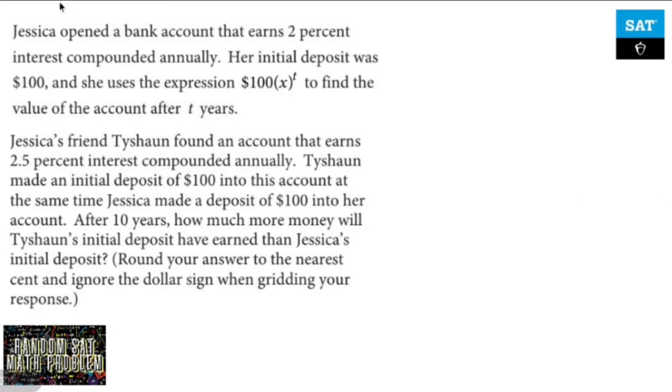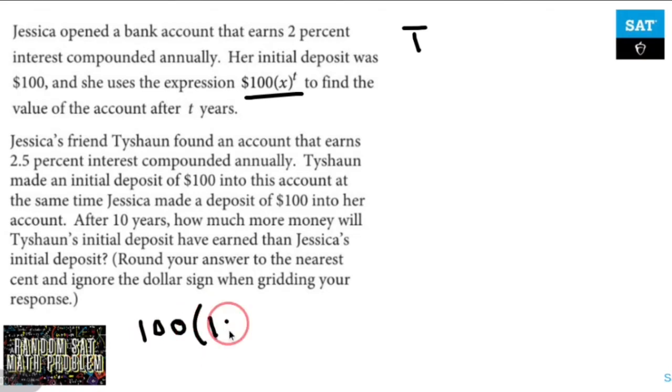Let's discuss Tyshawn. We'll do Tyshawn, T for Tyshawn. This formula comes from the idea of compound interest formula. Now, since this is talking about something that's being done annually, I can use the idea that we start out with $100, right?